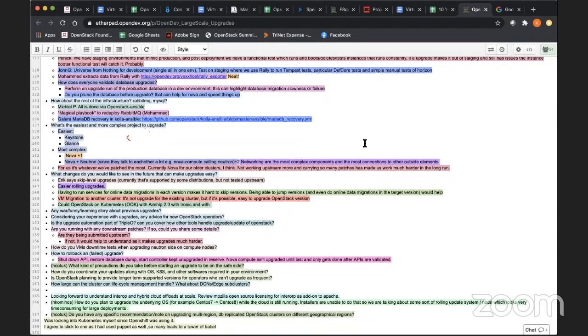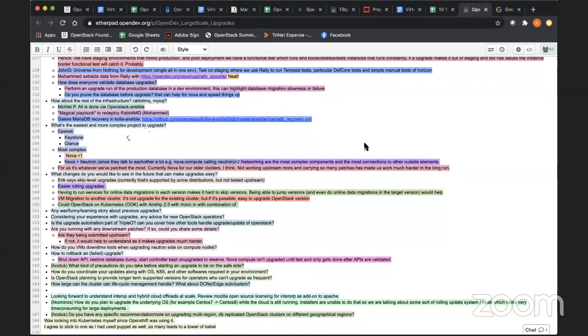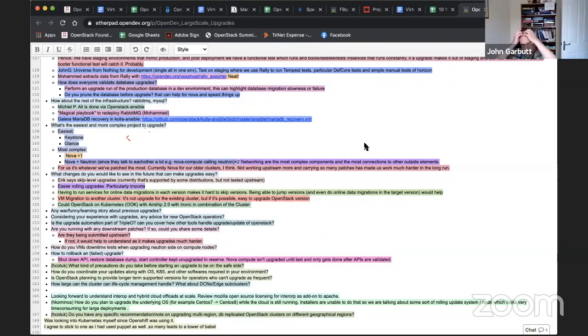Yeah. I noticed John had their hand up. I'd be curious to hear what they have to say. Oh, hey, yeah, I raised my hand because I was going to ask if anyone has actually tried leaving the Nova API on during the upgrade.